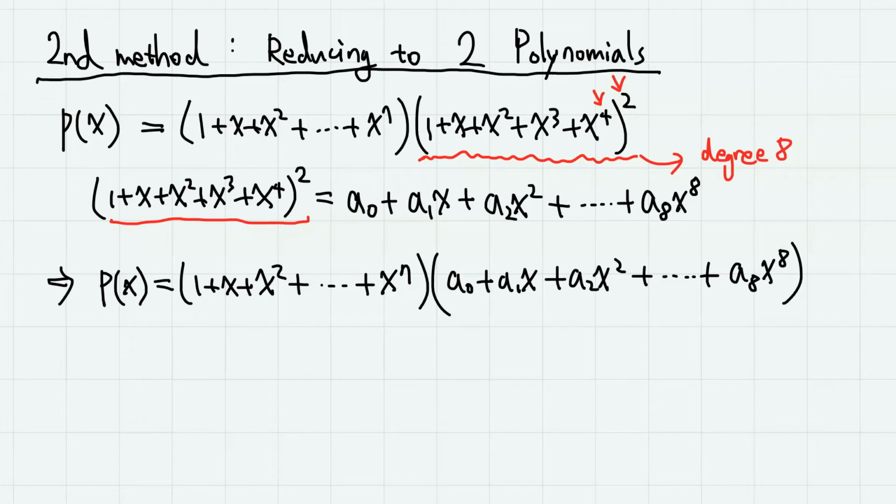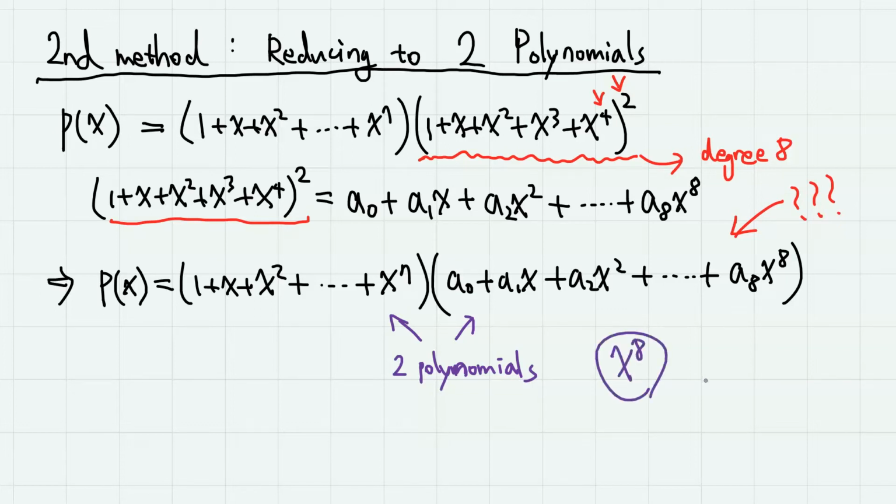So now the fair question to ask is, why do we do that? Well, since P(x) has now reduced to the product of only two polynomials, it became easier to check when x to the power of 8 appears, because now we choose two terms, one from here and one from here, instead of 3. So it became easier to count things.